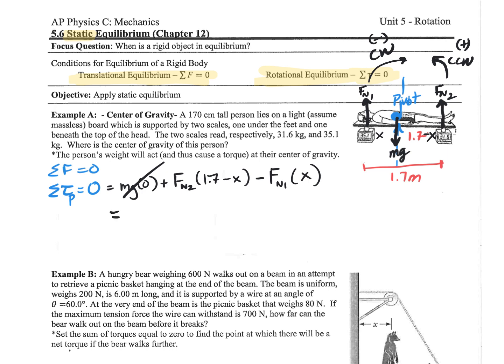So now we actually plug in. Think about it. 35.1, actually this one is what, 31.6? So 31.6 times 1.7 minus x, this is equal to 0, minus 35.1 times x.